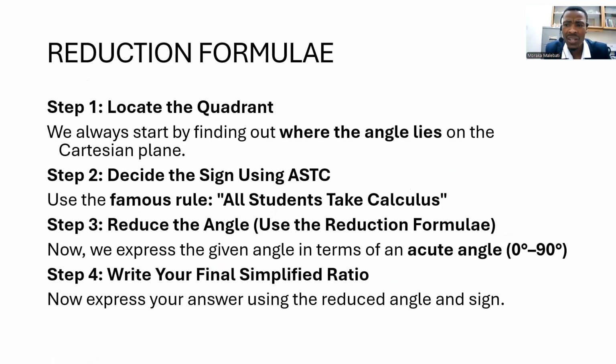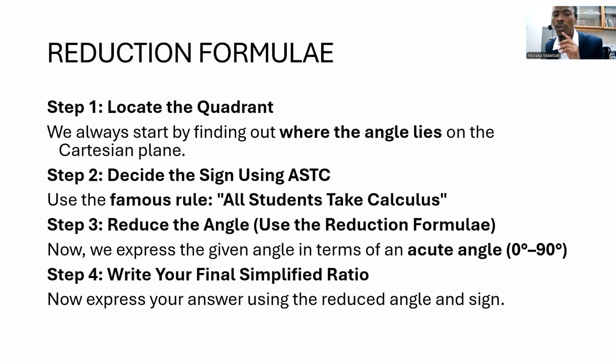Are we in the first, second, third, or fourth quadrant? We always start by finding out where the angle lies on the Cartesian plane. And then step number 2, we decide the sign using ASTC, All Students Take Calculus. Most people like this, but I like CAST.